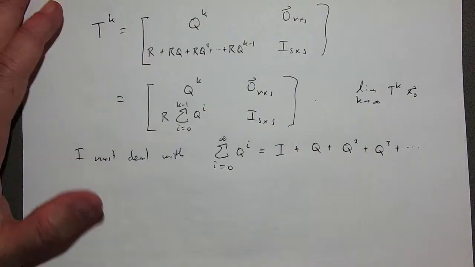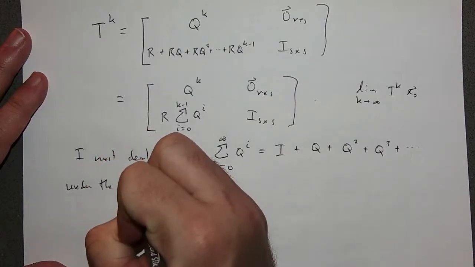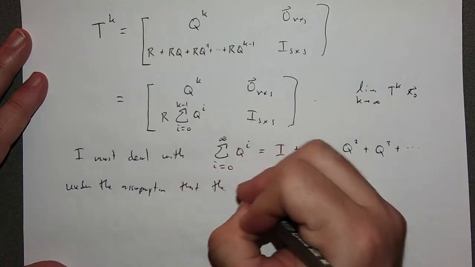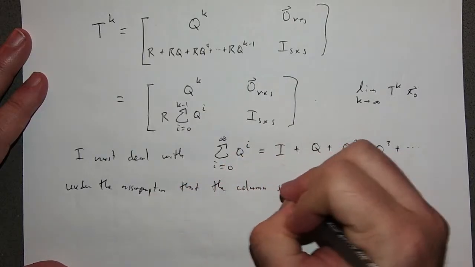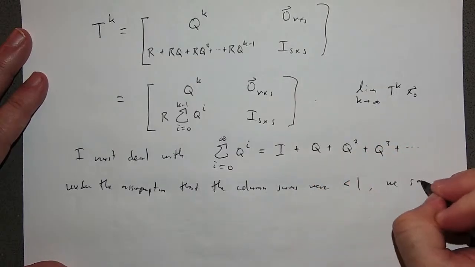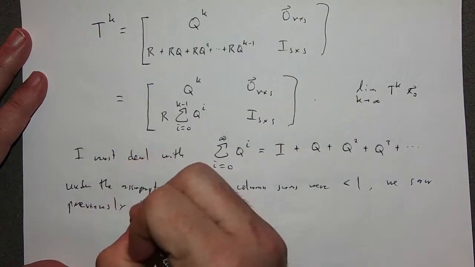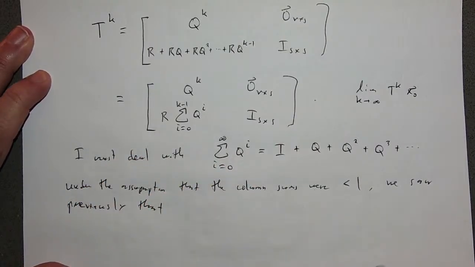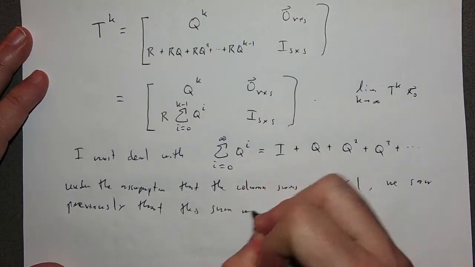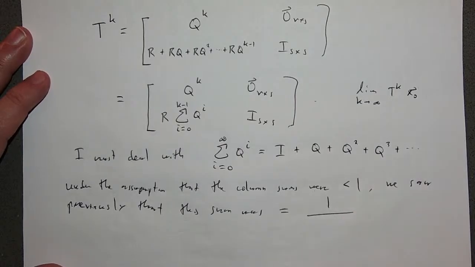So under the assumption that the column sums were less than 1, we saw previously that we could actually compute this as 1 over 1 minus q, right?